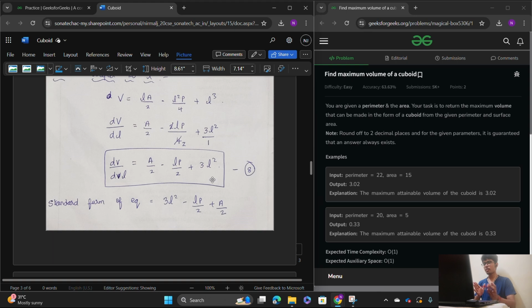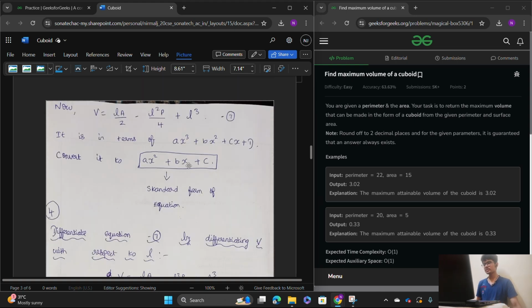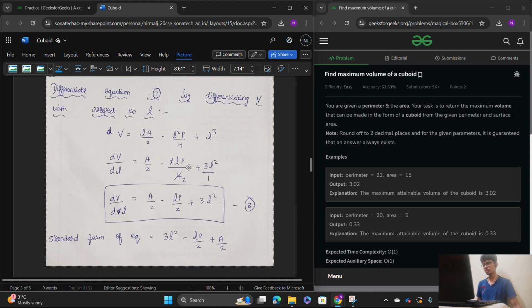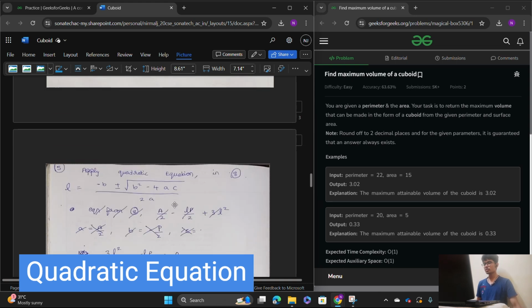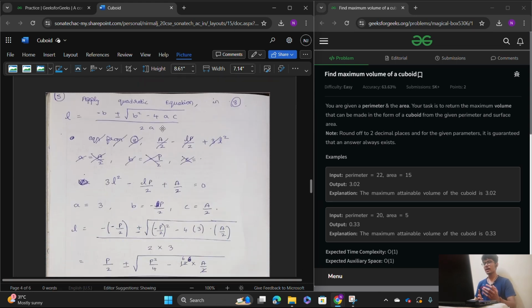It is in the form of ax square plus bx plus c. So from this eighth equation, we can apply our quadratic formula to get the value of L. Here A is 3, B is equal to minus P by 2, and C is equal to A by 2.